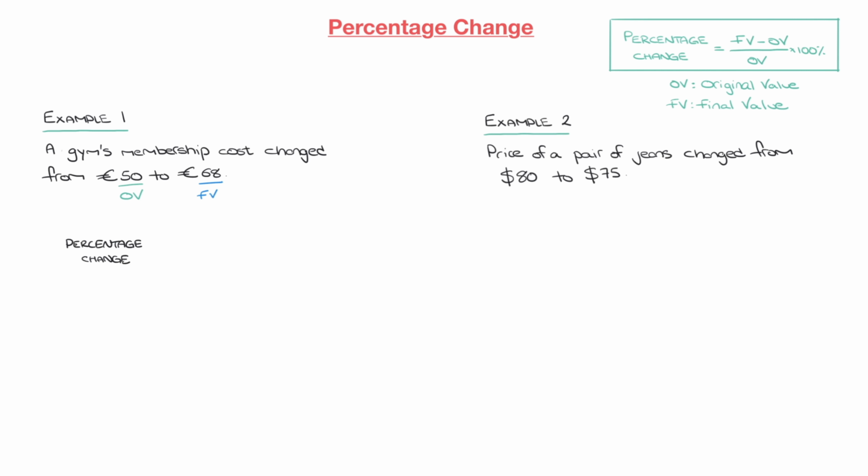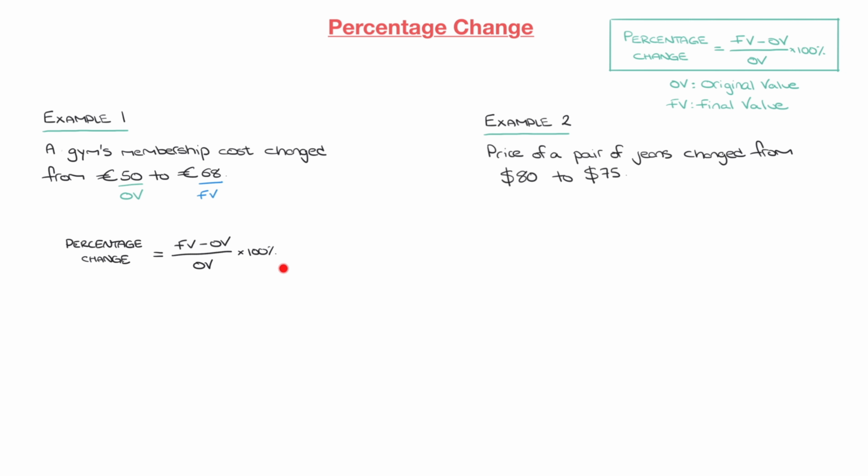We don't have to do this, but I always like to remind myself and whoever's correcting my paper of the formula that I'm using. So here I would state that this is equal to exactly what we see in the upper right-hand corner: FV minus OV, that's final value minus original value, over the original value times 100%.